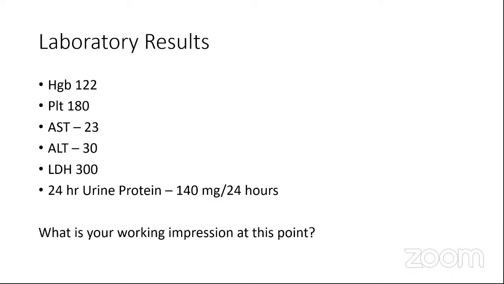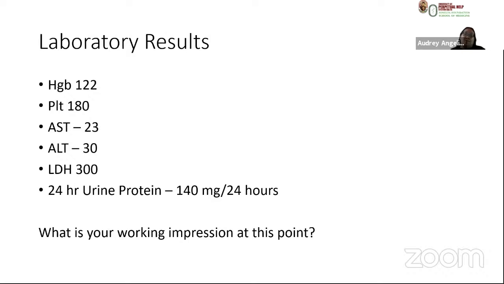Ma'am, it is HELLP syndrome. Okay, what does HELLP syndrome mean? Ma'am, it consists of hemolysis, elevated liver enzymes, and low platelet counts. Okay. You have evidence of hemolysis, elevated liver enzymes, and low platelet count.